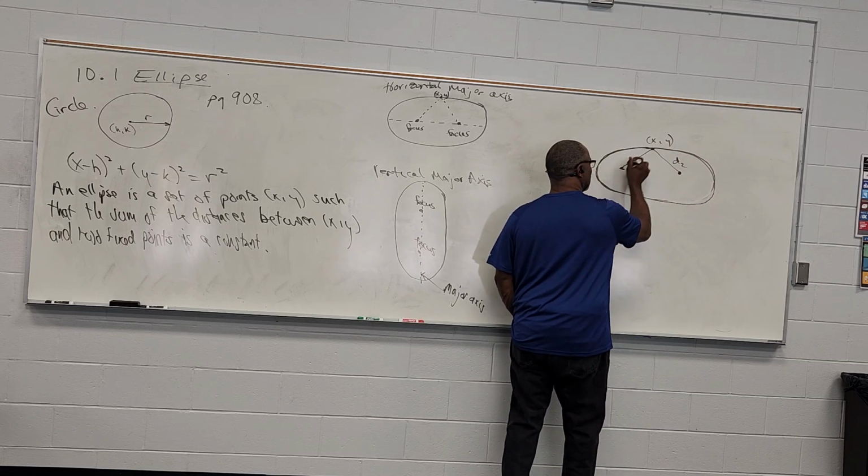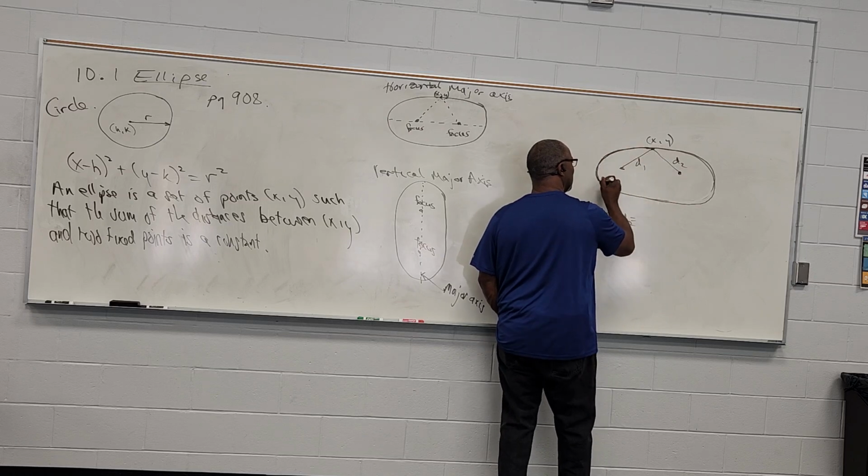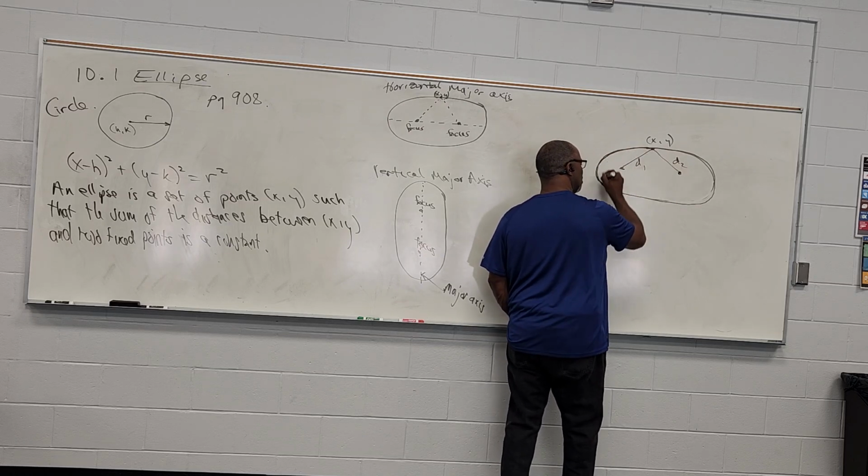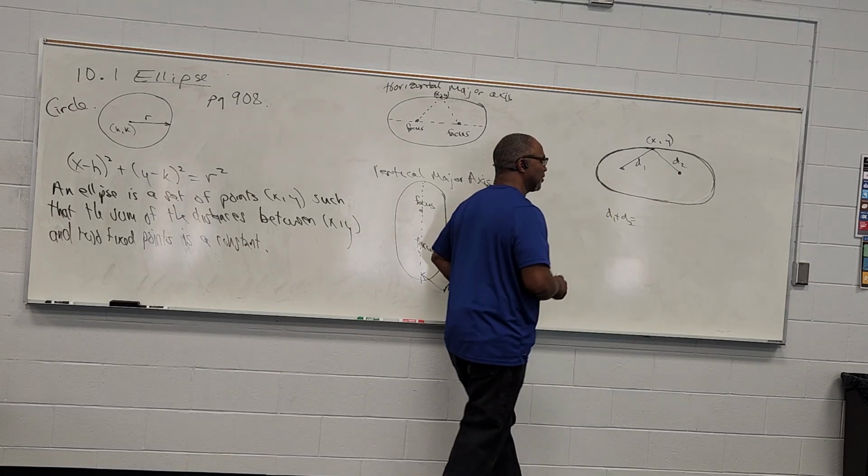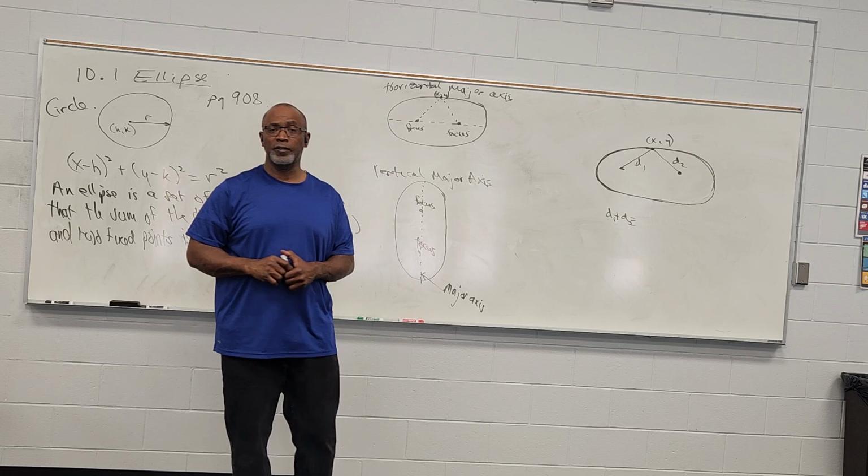If these were two thumbtacks with a piece of string between them, I could trace the whole ellipse, and the sum D1 plus D2 wouldn't change. And that would trace out an ellipse exactly. That's what an ellipse is.